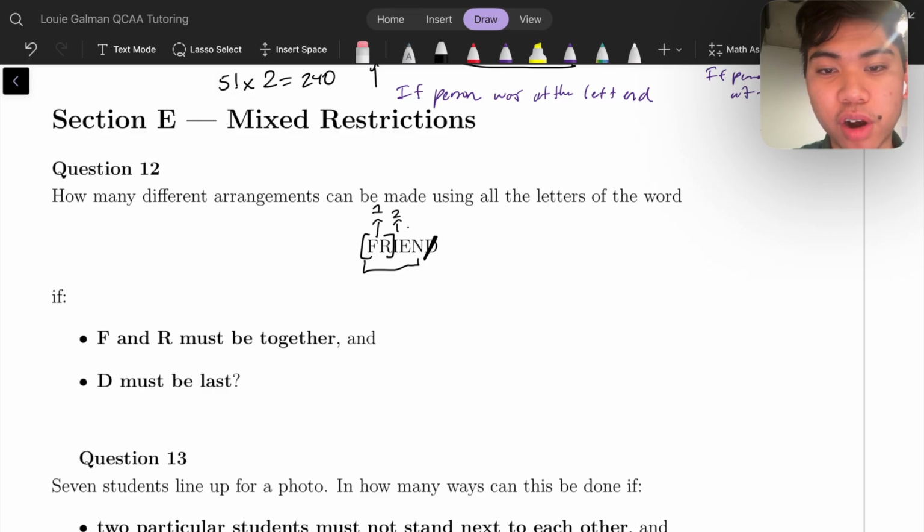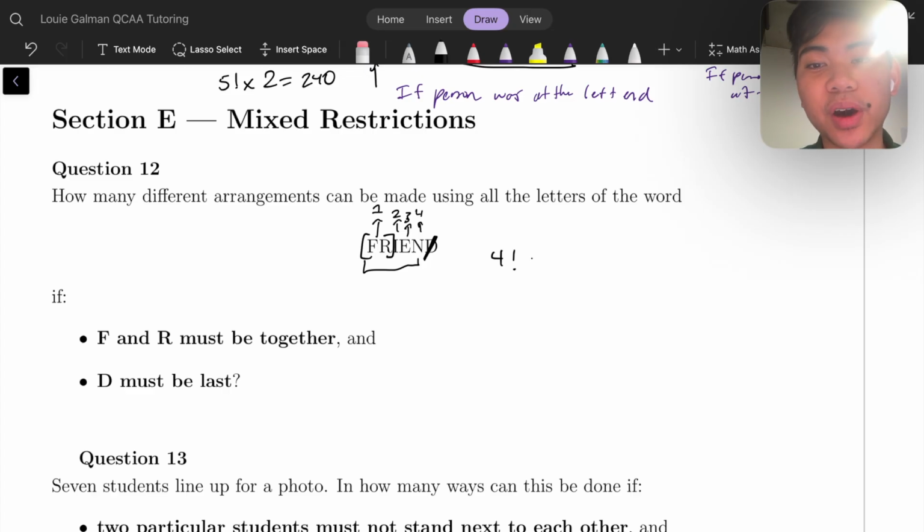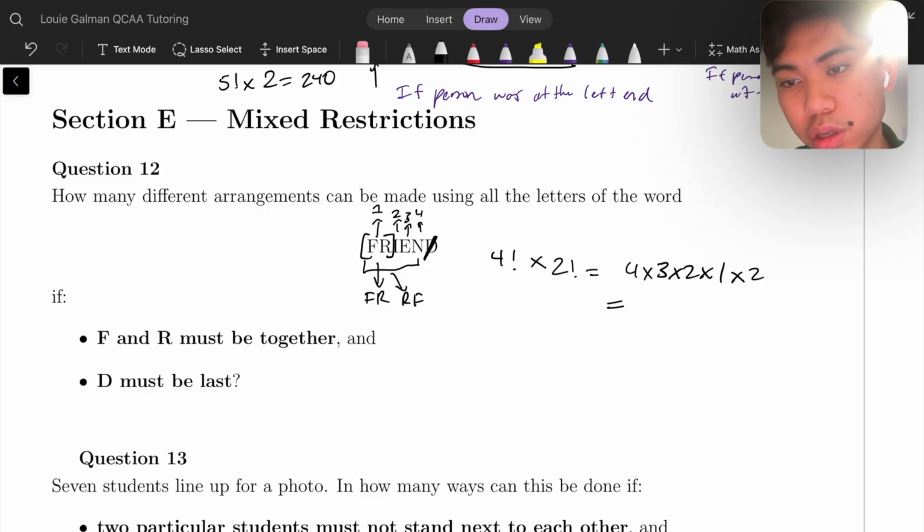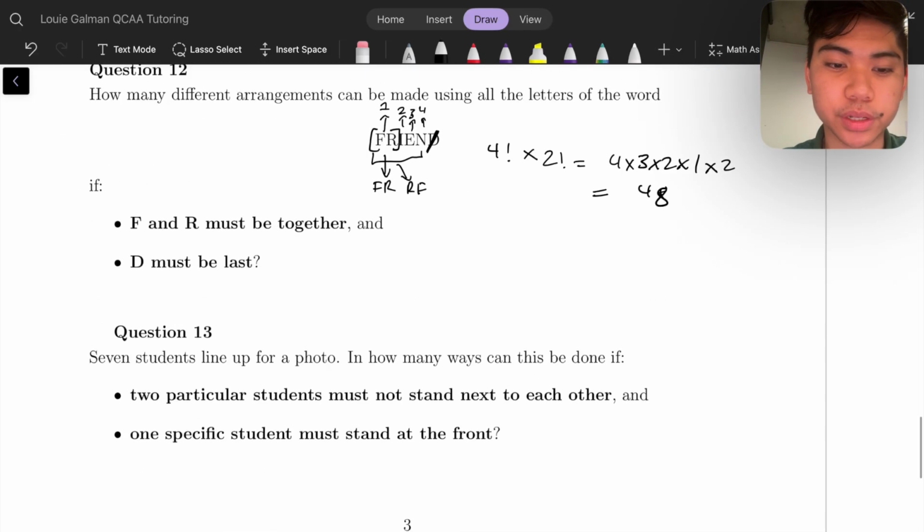And then our third box is for I, fourth box is for E, and then the last box is for N. So we have 4 factorial. But we have to multiply by how many ways we can arrange FR. So that's FR and RF, which is 2 factorial. So that's going to give us 4 times 3 times 2 times 1 times 2, which is 48 different arrangements.